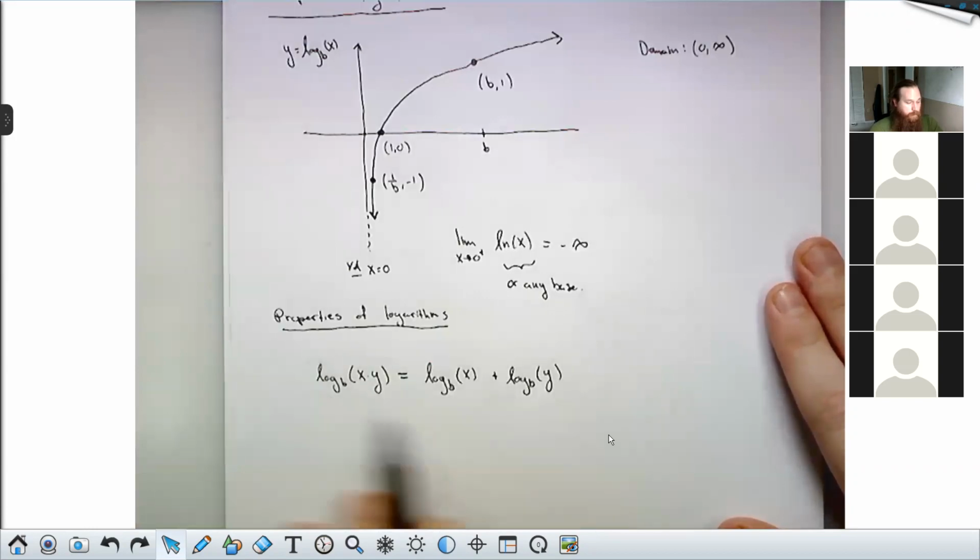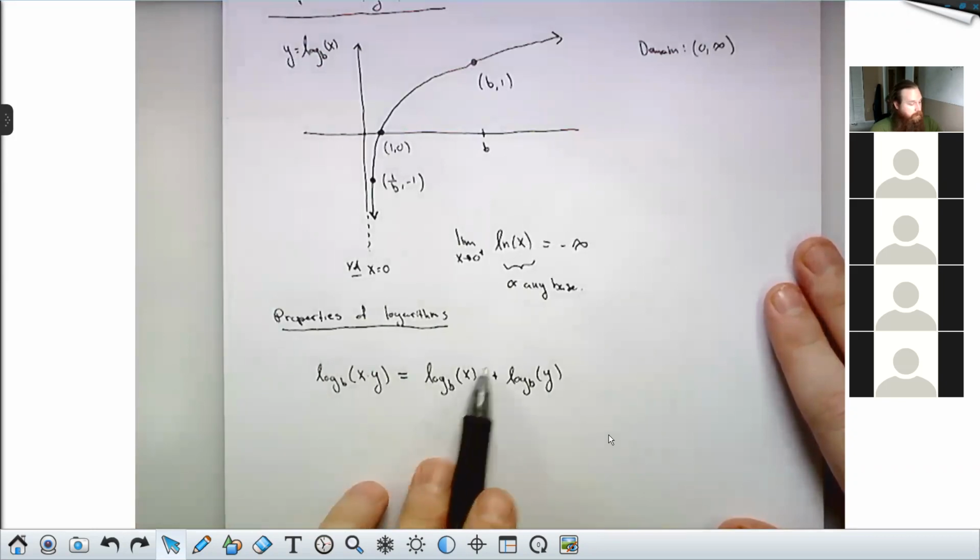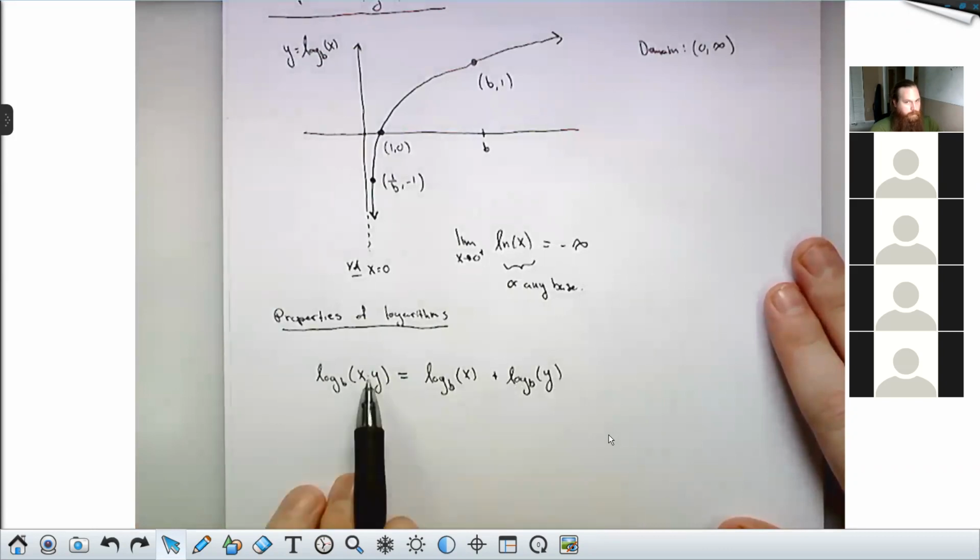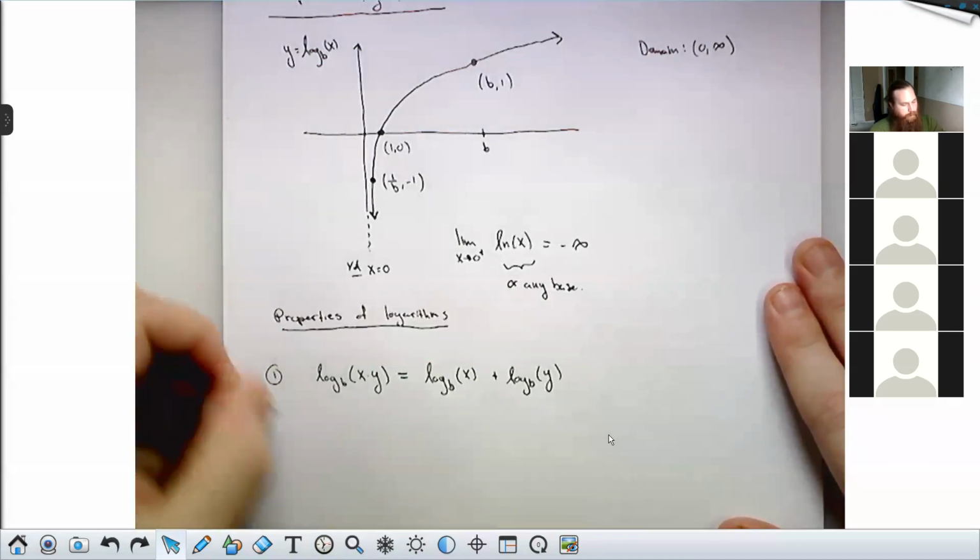And there are ways to get this wrong. If you have addition inside, you can't turn that into addition outside. If you have multiplication outside, you can't turn that into addition inside. This is the only way this works. This is our first important property.